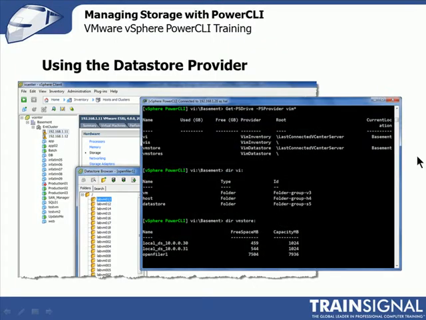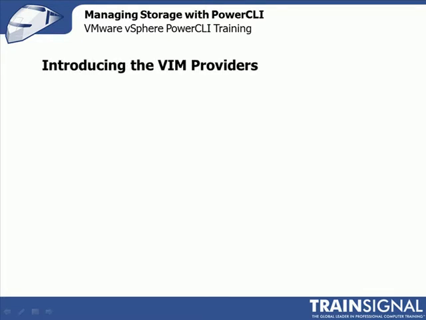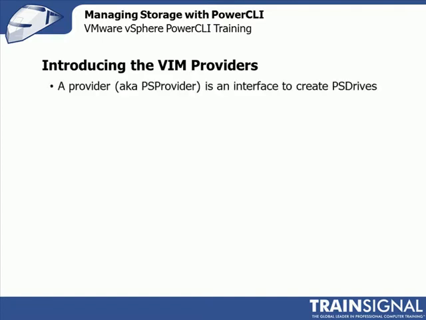Well, you've got the ability to do something similar in PowerCLI. And first, I want to introduce to you something called the Vim providers. This is a PS provider. It's an interface to create a PS drive. And these are PowerShell concepts. The concept of a PS provider and a PS drive. What VMware has done is provide a bit of software called a Vim provider, which acts as this interface.